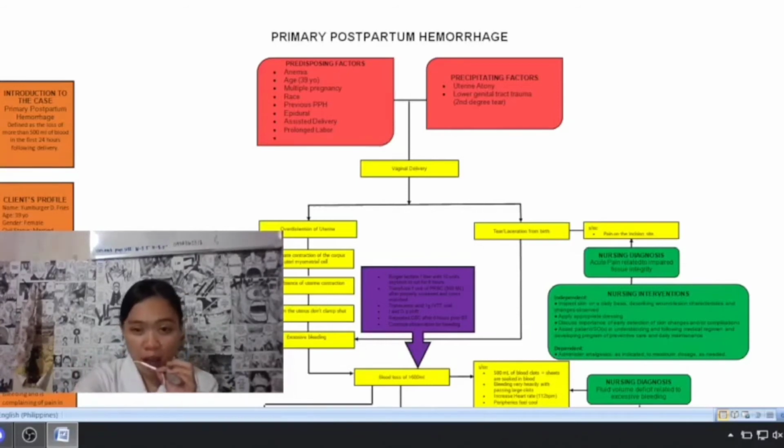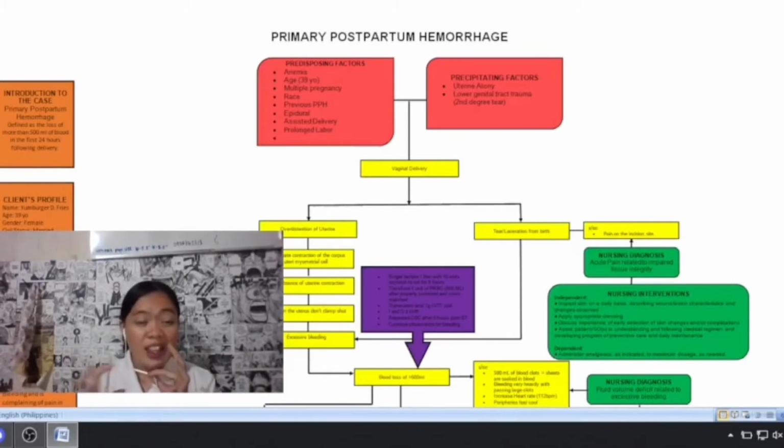After there is an inadequate contraction, it leads to slow or absence of uterine contractions, because the contractile ability is limited, so it cannot contract.